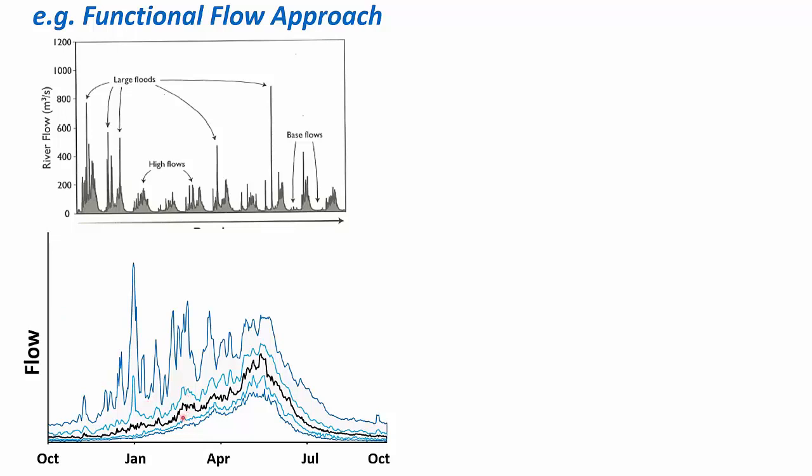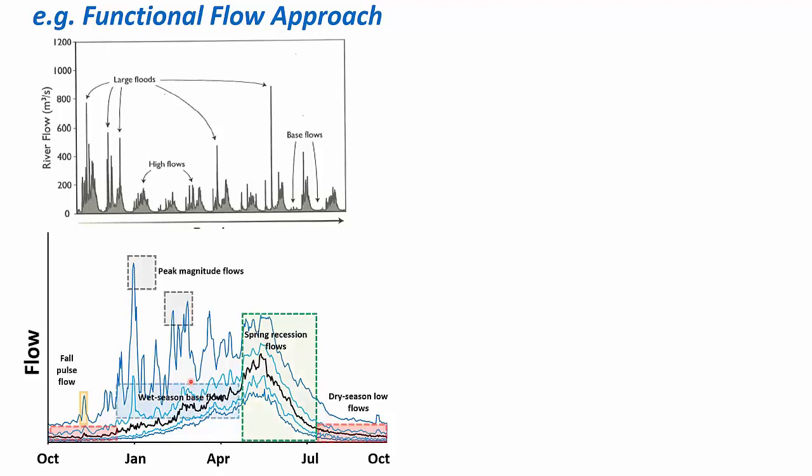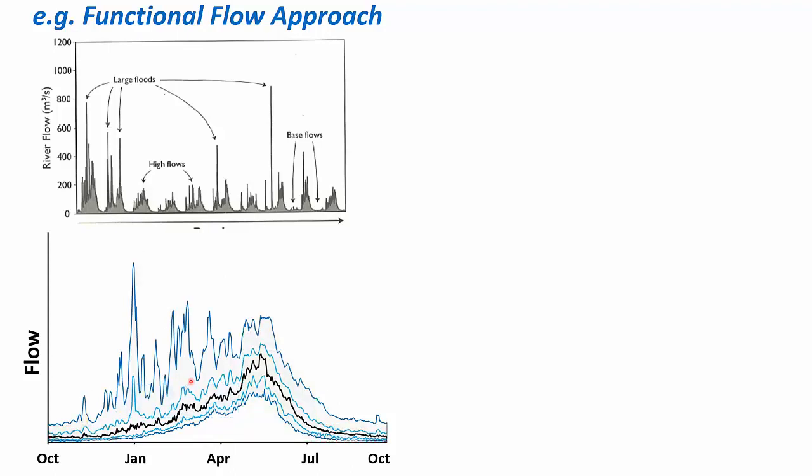The variability on the y-axis is how it changes between years, and the variability on the x-axis is how the river discharge changes within seasons, within a year. So of all of these things, you can now focus on certain aspects of the regime that you know are beneficial for ecosystems.